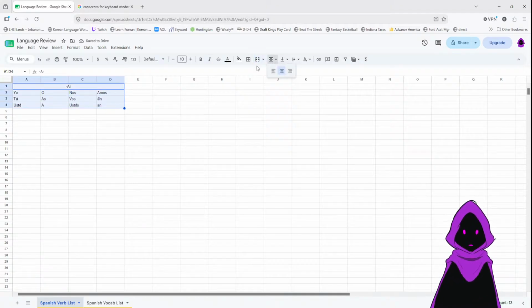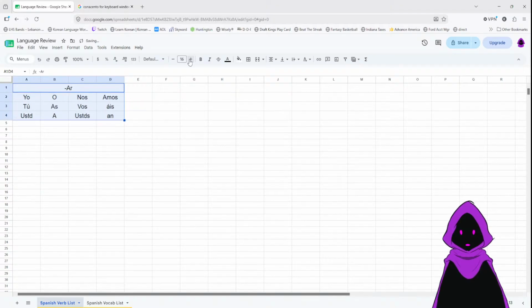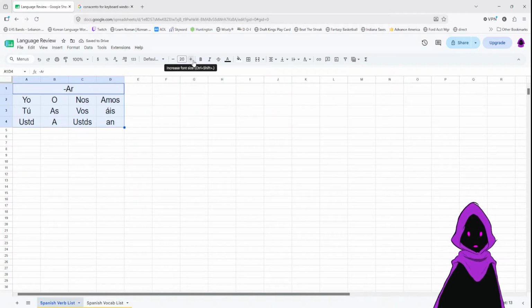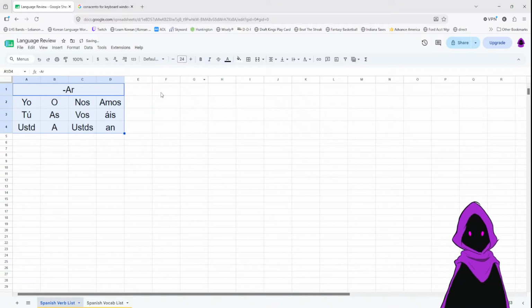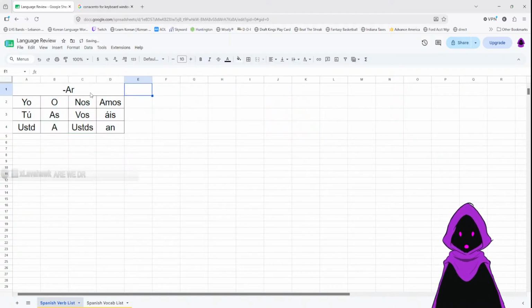We center all this. Scale it up to, let's go 20. It's easier, we'll go bigger. 24 so it's easier to see. Borders all around. There we go, it looks nice and clean.